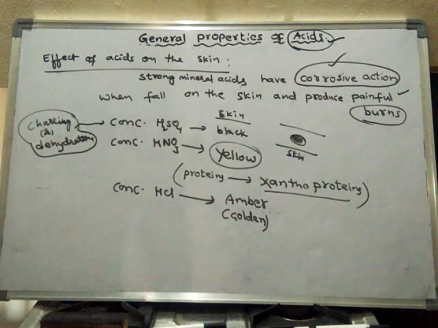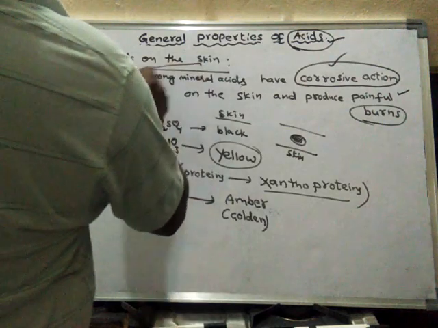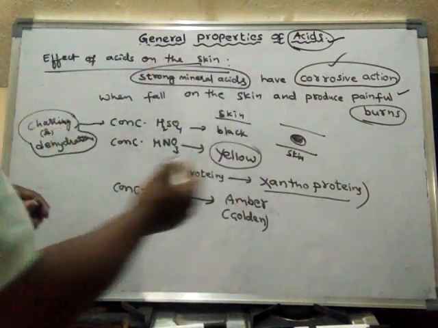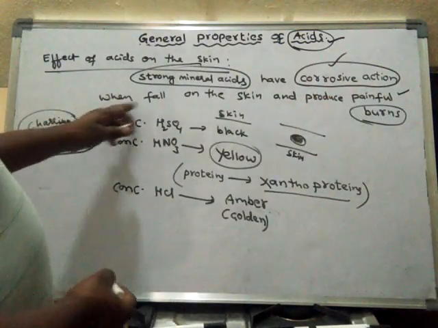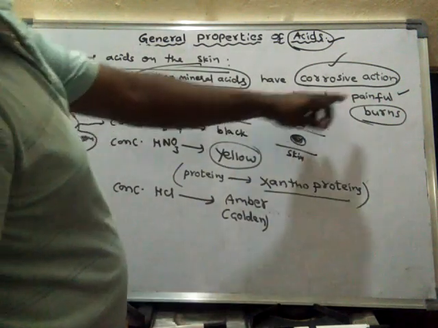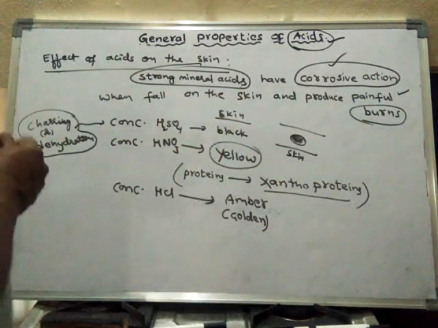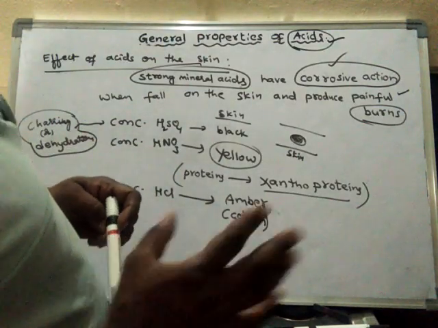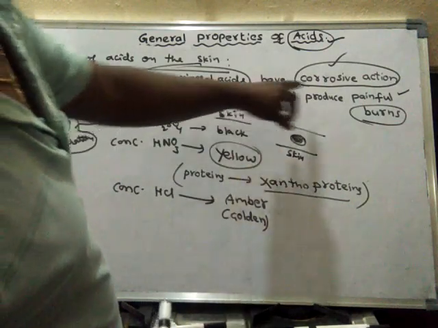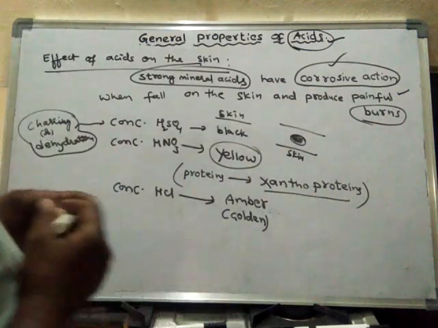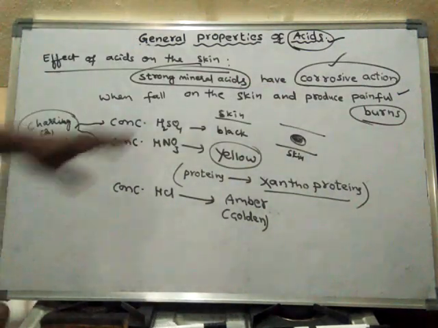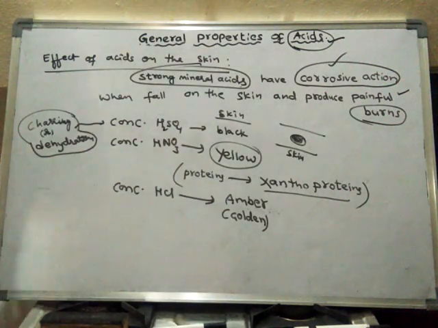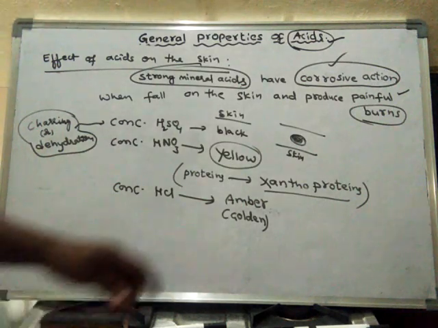Like this, strong mineral acids generally show corrosive action when they fall on the skin and produce painful burns. Organic acids are not that dangerous and not that corrosive in nature. And one more thing, even all mineral acids are not corrosive.